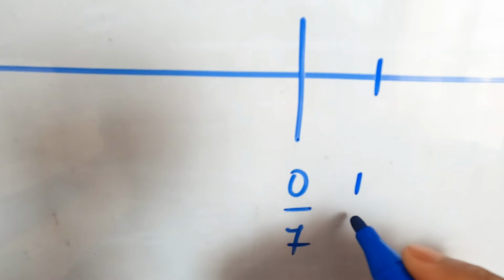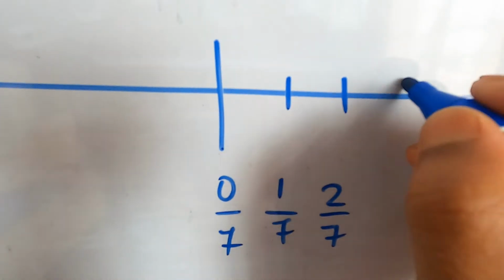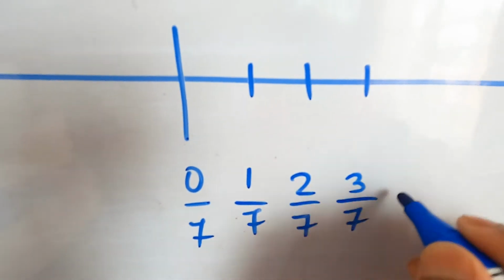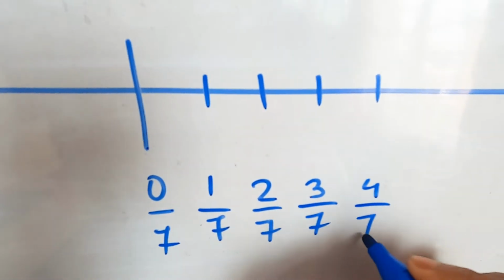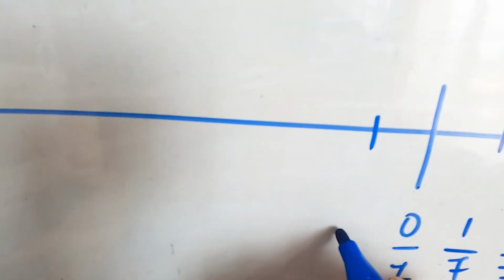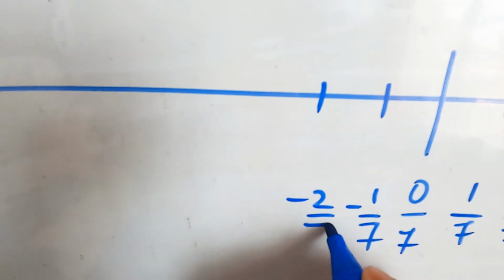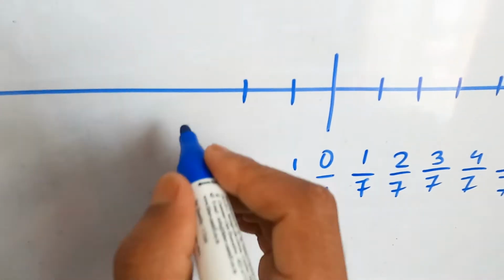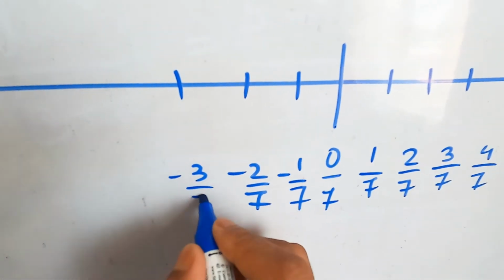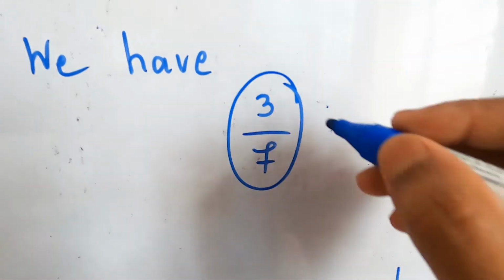Then here we will write 1 by 7, 2 by 7, 3 by 7, 4 by 7, 5 by 7, and on the left hand side it will be minus 1 by 7, minus 2 by 7, minus 3 by 7.